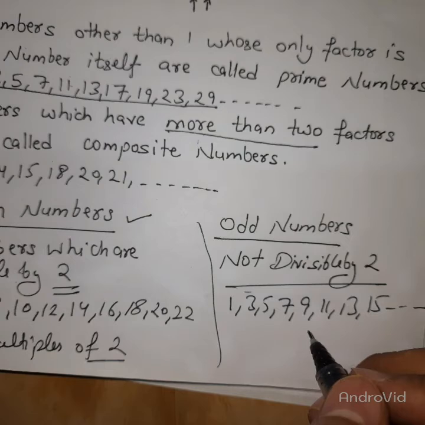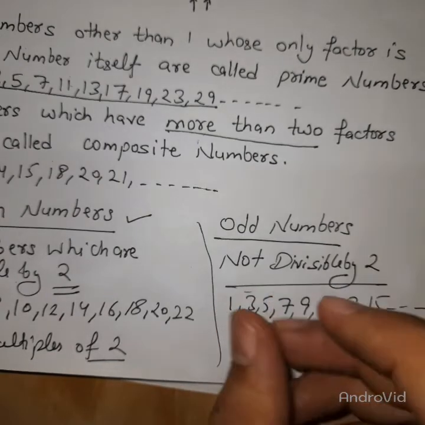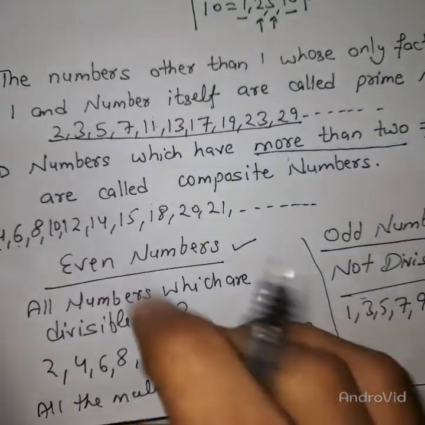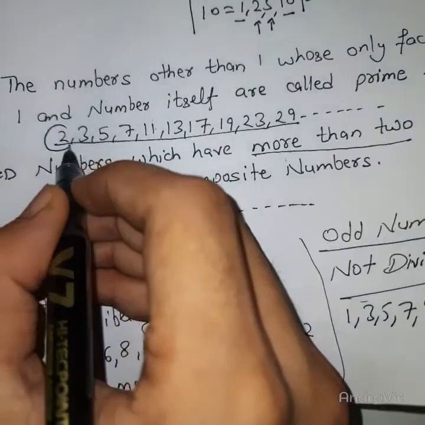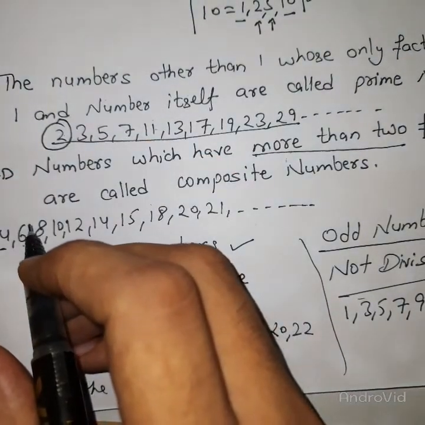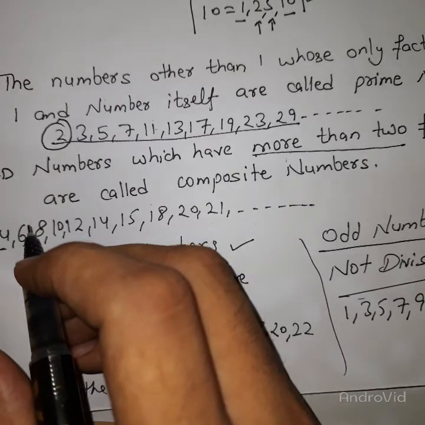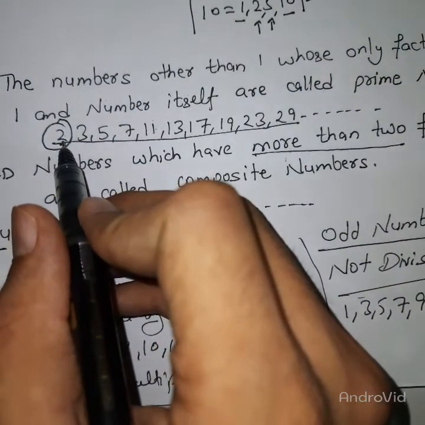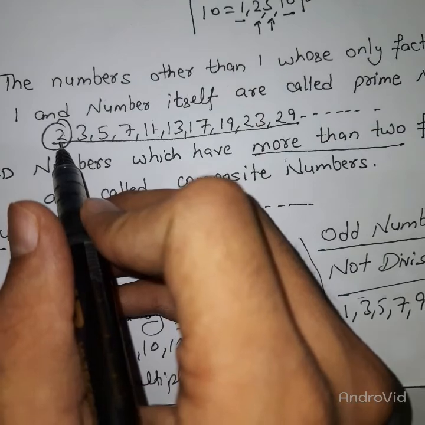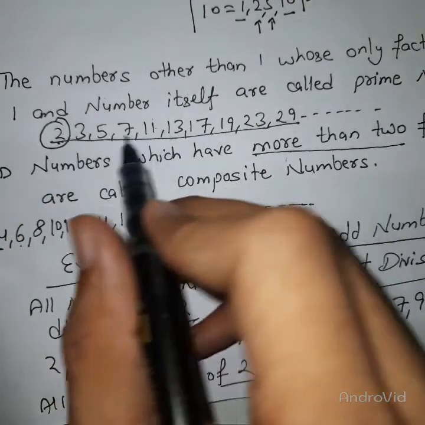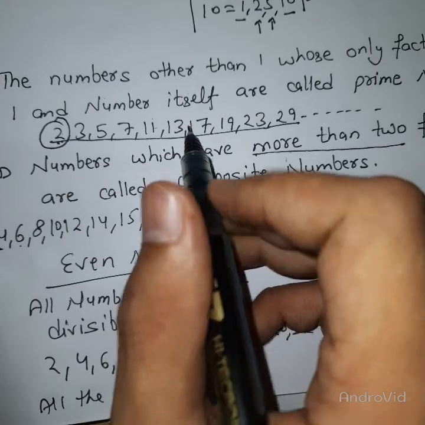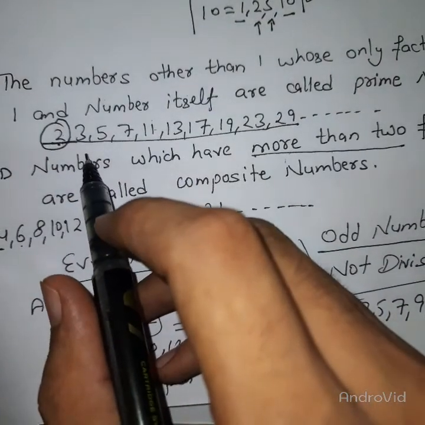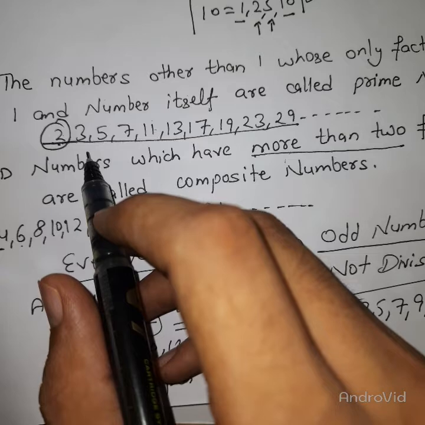We have two other important things that you have to keep in mind. 2 is the only even prime number, and the smallest prime number. 2 के अलावा कोई भी इवन नंबर प्राइम नंबर नहीं हो सकता.